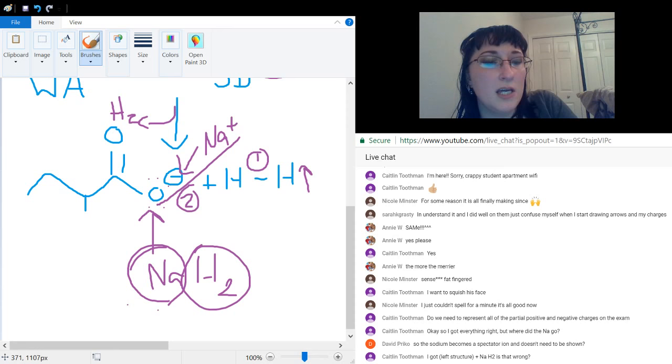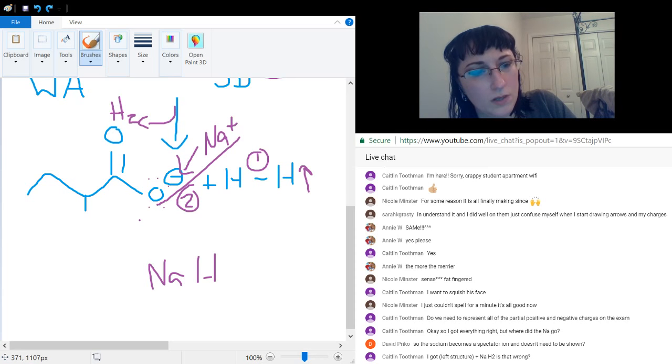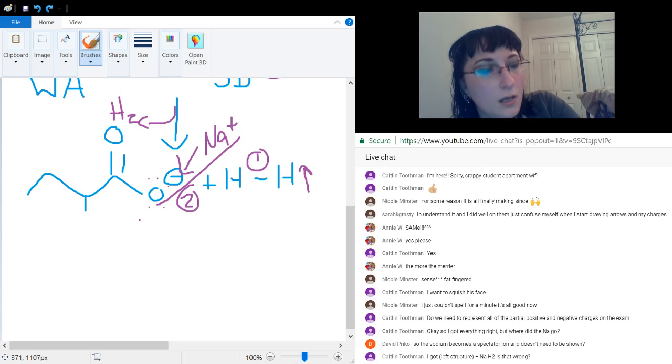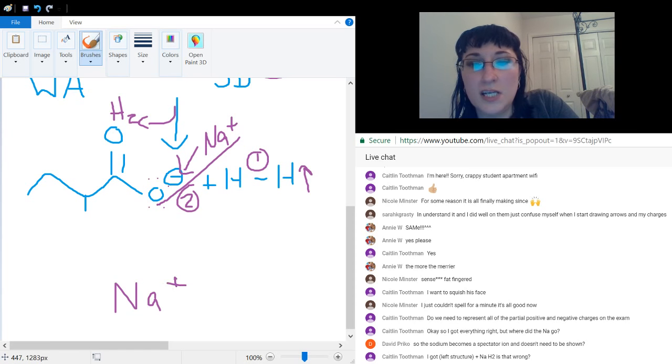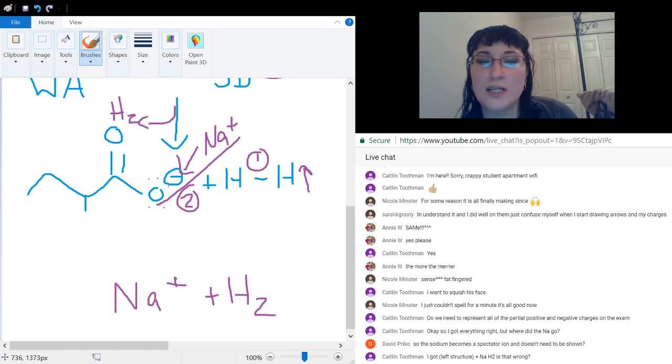Now, something you can do, if you want to show it that way, is to say sodium plus, which is indicating it's in the ionized form, plus H2, because that's two different things then, right? That's not indicating that they're stuck together. So if you like to put all those in there, you can.